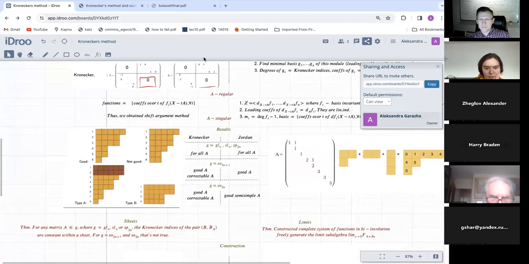Good elements are such elements that our first row is an odd number, and the next rows have the same remainder, so every two of them have the same remainder when we divide by 2.